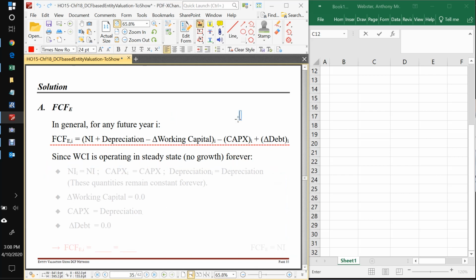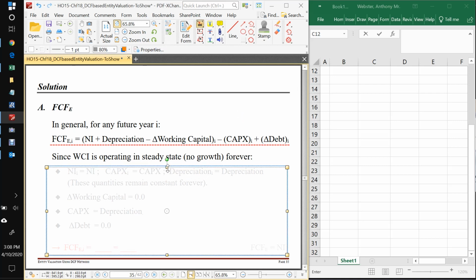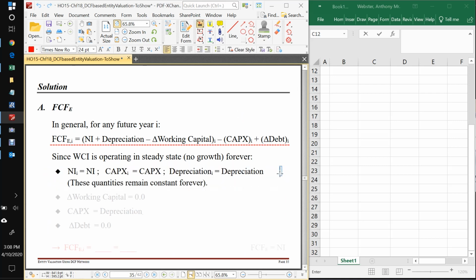But remember, in this model, we have this great simplifying assumption that WCI is operating in steady state, no growth or shrinkage forever. So what are the implications of that? The implications are that the net income is going to be the same every year, capex will be the same every year, depreciation will be the same every year. These all remain constant forever, so we don't have to worry about the I, right? That's good.